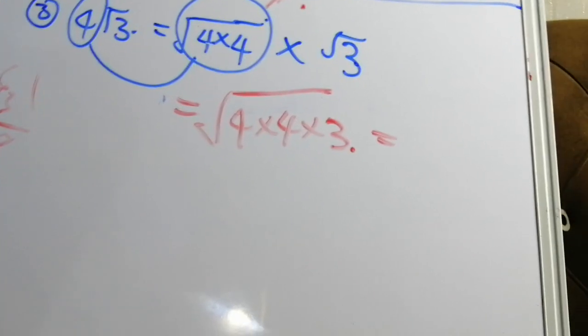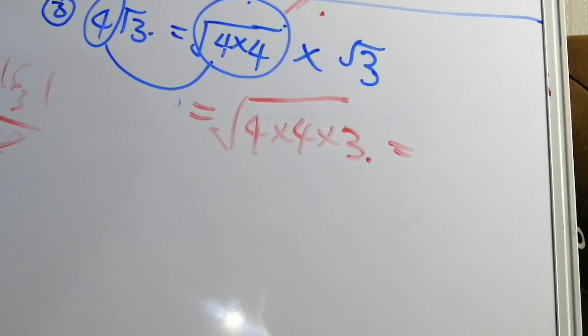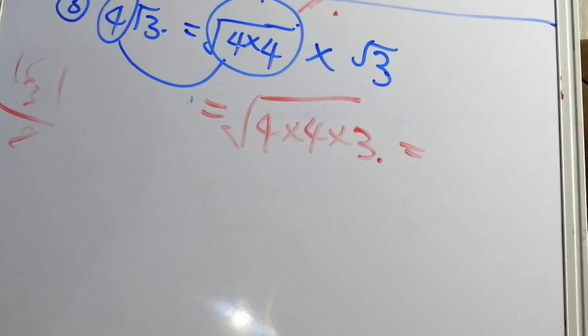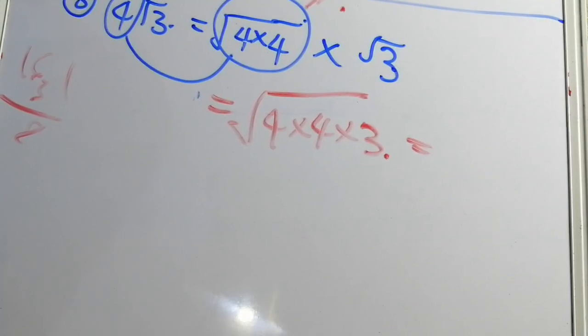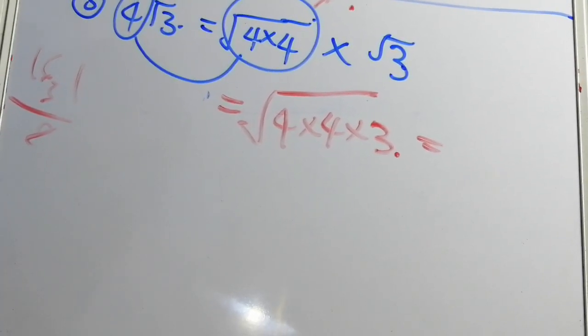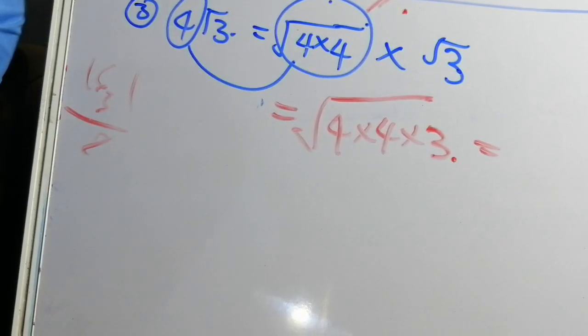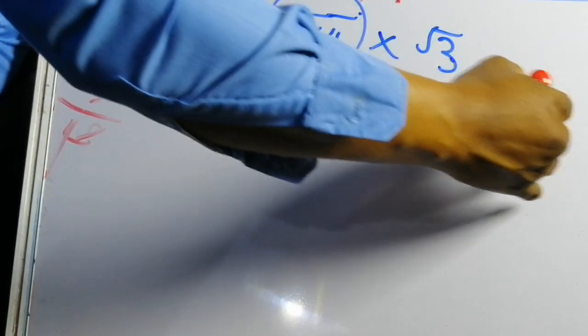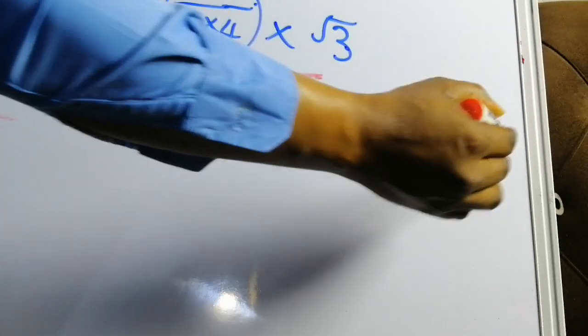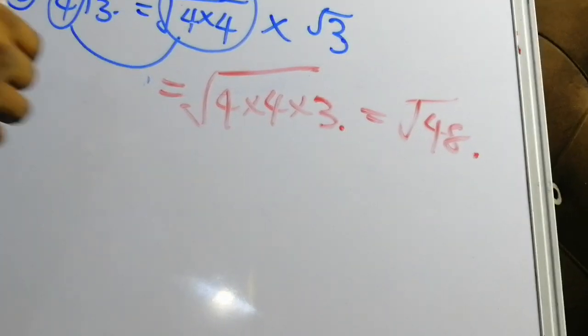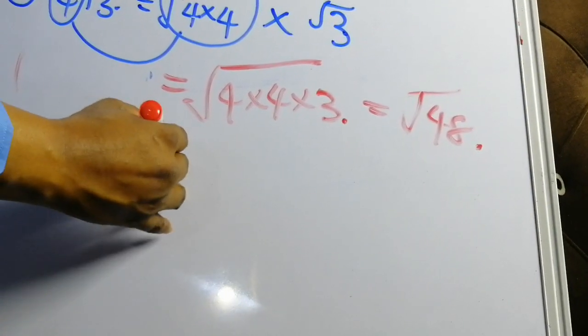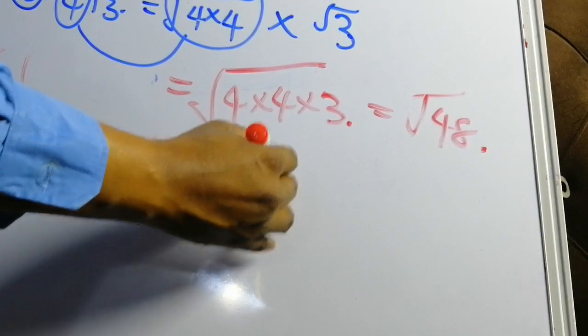You can press your calculator. It's not compulsory that you have to do it the way I'm doing it. But I'm very sure in the JAM standard, if you're not allowed to use a calculator, you need to follow this method. So 6 times 3, 18. Carry 1, 3 times 1, then you have 48. So the root here is root 48. Do you understand me now? The single surd form of 4 root 3 is equal to root 48.